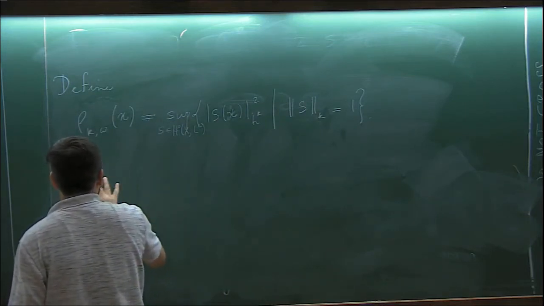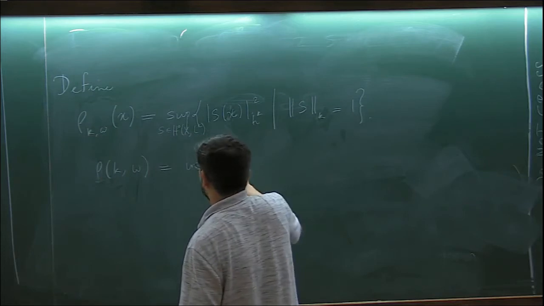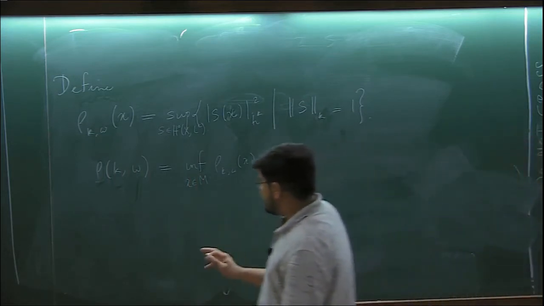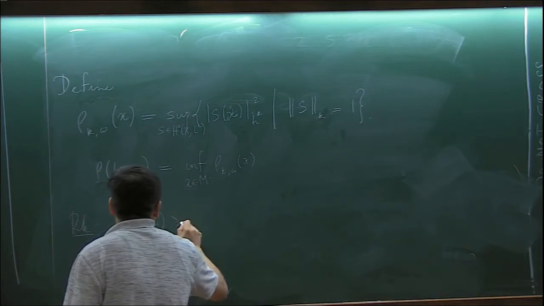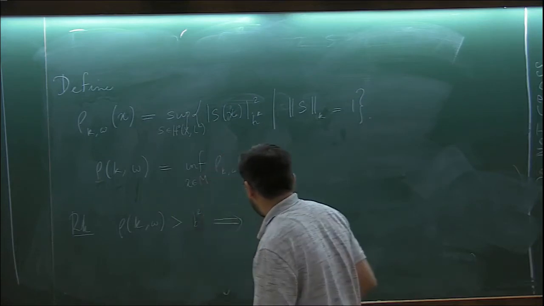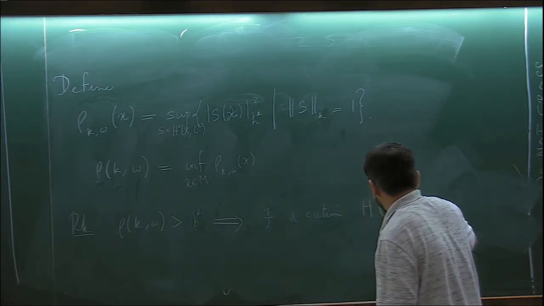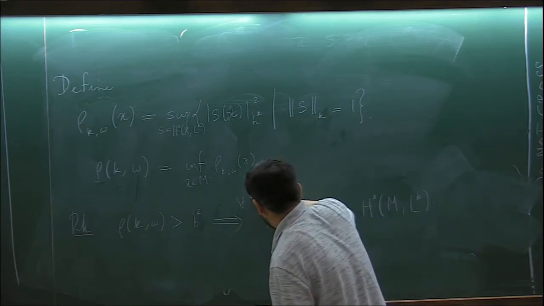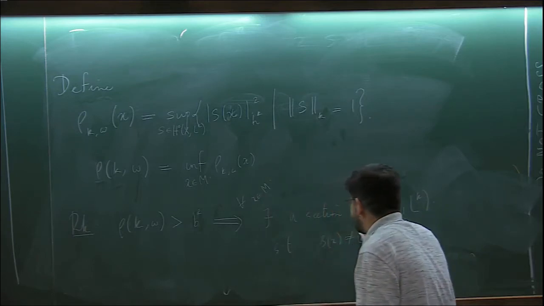So you define ρ(kω) to be the infimum of this as x varies over all of M. So notice that if this is strictly positive, or if this is bigger than some b squared, this implies that for all points x in M, there exists a section s such that s(x) does not vanish, right?